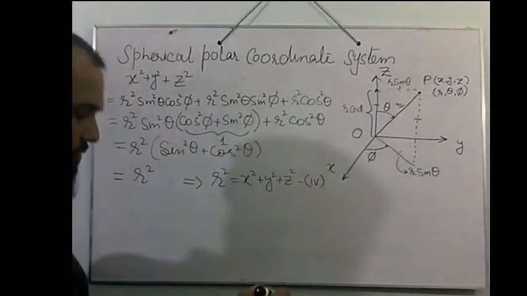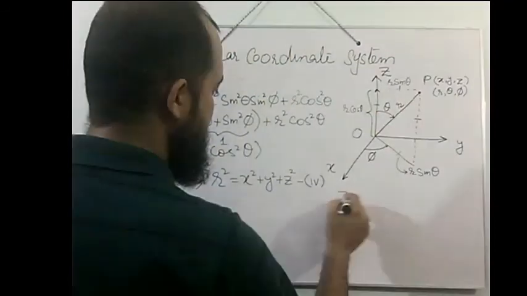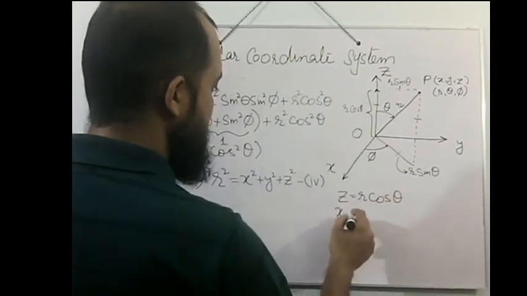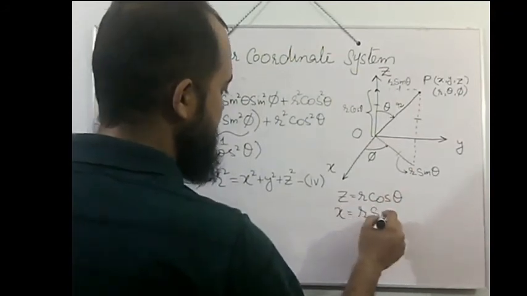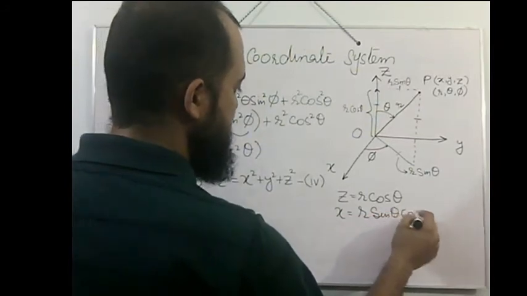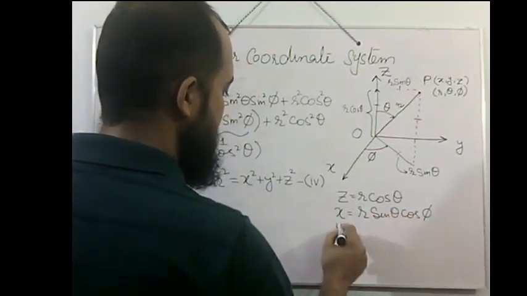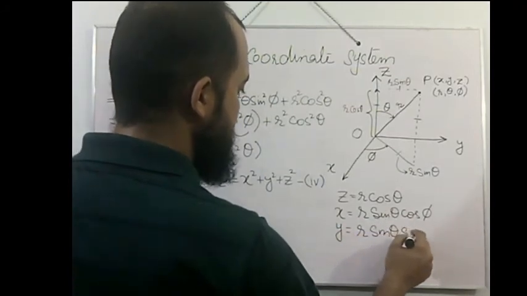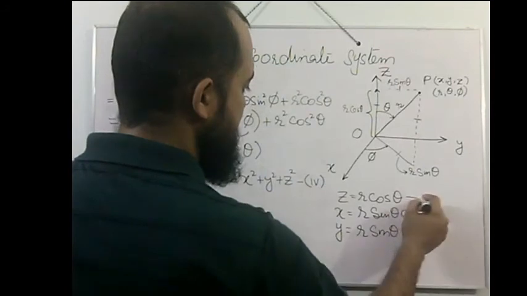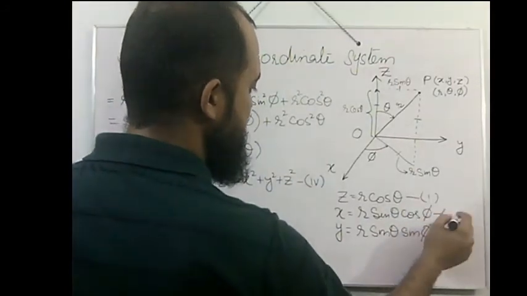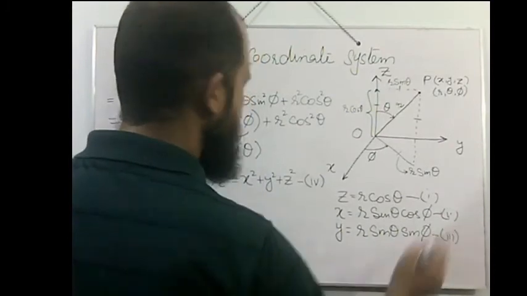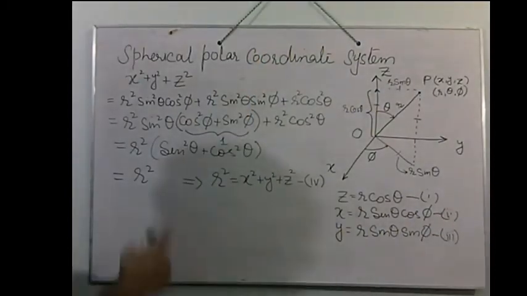So I write equations 1, 2, 3 here as z is equal to r cos theta, x is equal to r sin theta cos phi, y is equal to r sin theta sin phi. So we have the equivalent of r from rectangular to spherical polar coordinate system.